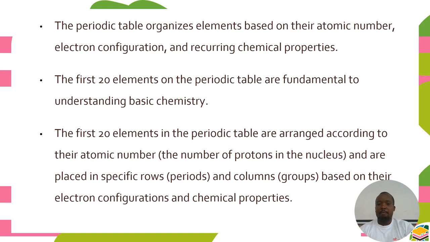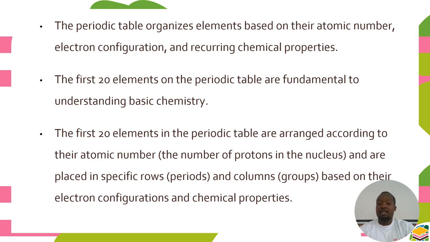These 20 elements are very, very important in the study of chemistry, because all the branches of chemistry, physical chemistry, environmental chemistry, analytical chemistry, are based on this periodic table. So the periodic table is very, very crucial.